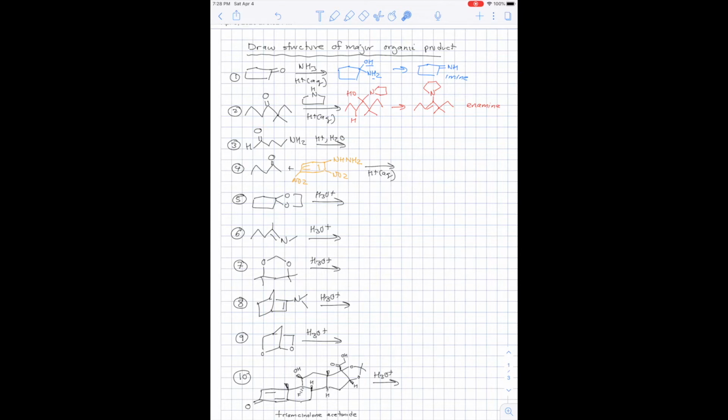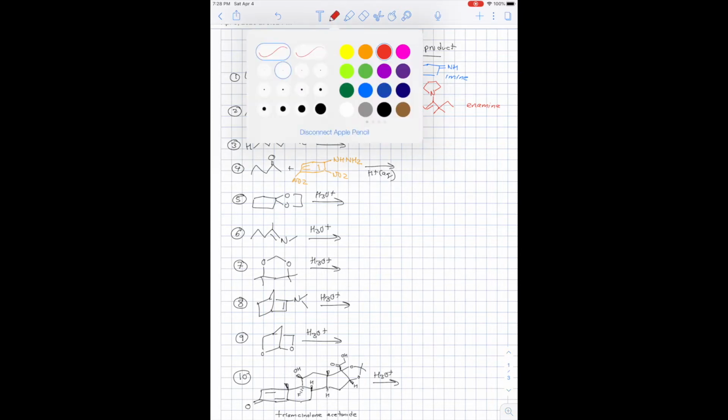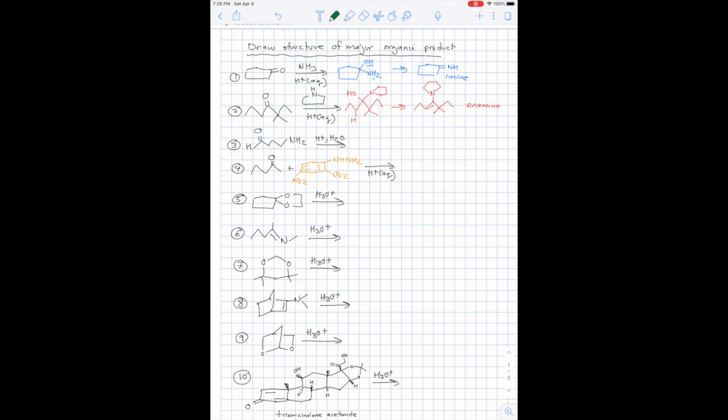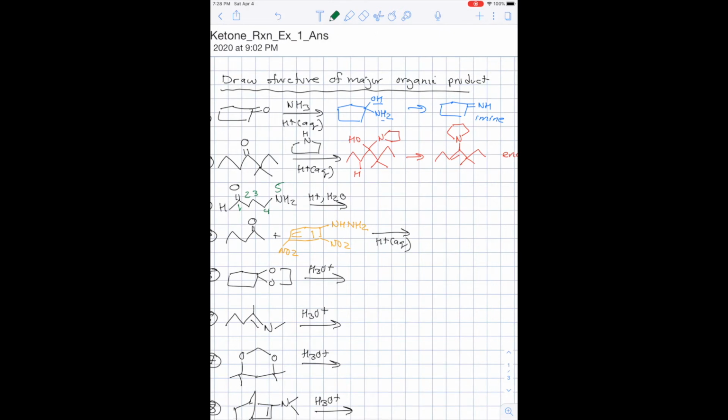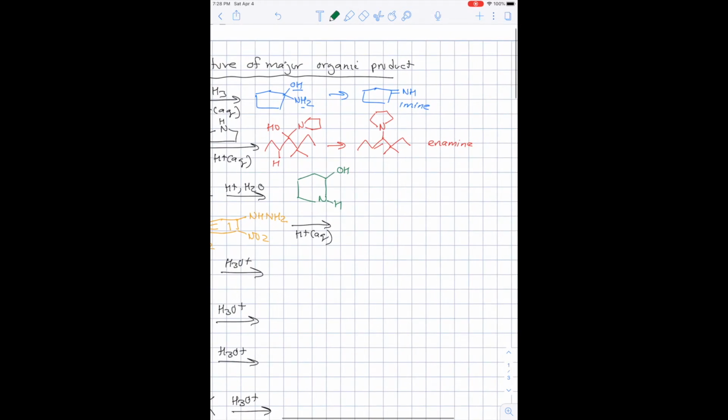All right, this one's kind of interesting because now we have the amine and the carbonyl tied together in the same molecule. The darker green will be better. So if we number from the carbonyl, 1, 2, 3, 4, 5. So when the nitrogen attacks the carbonyl carbon, we're going to end up with a 5-membered ring. A really bad 5-membered ring that looks like that.